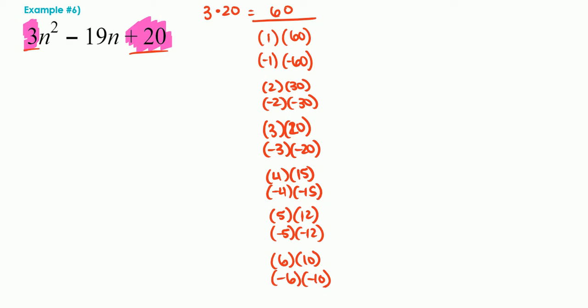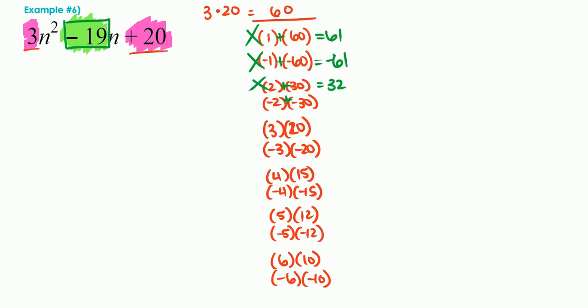So now I need to go back through that list, add them together, and figure out, okay, which pair of factors added together actually gives me that middle term there, negative 19. So starting at the top, 1 plus 60, that's 61, doesn't work. Negative 1 plus negative 60 is negative 61. Nope, I'm looking for a negative 19, remember? 2 plus 30, 32, not what I'm looking for.